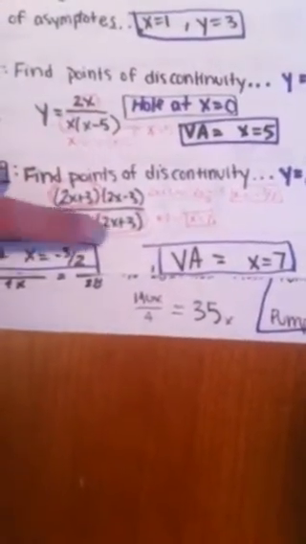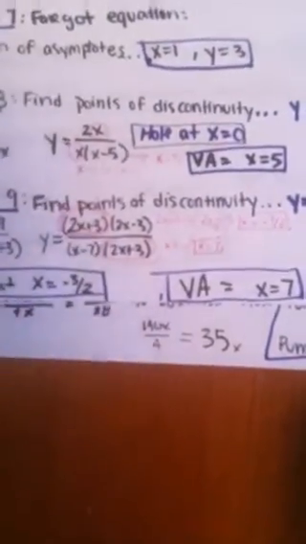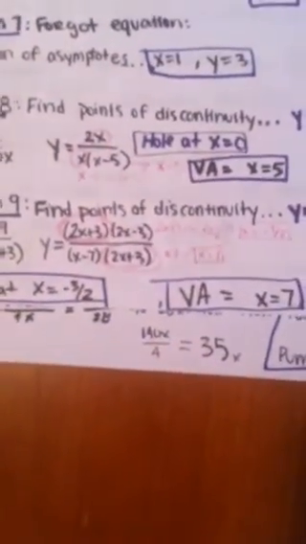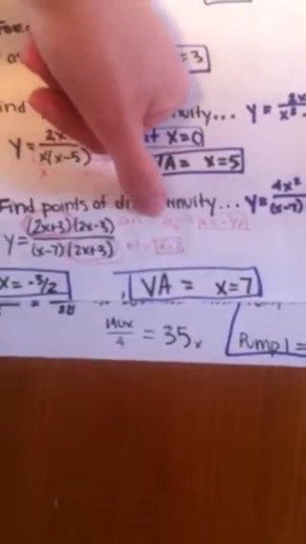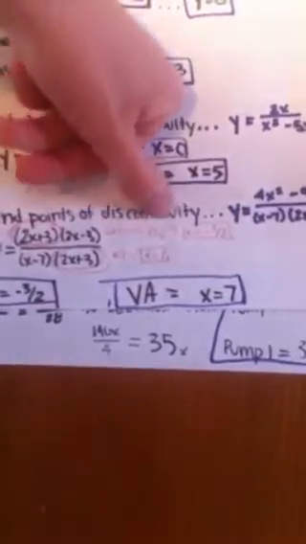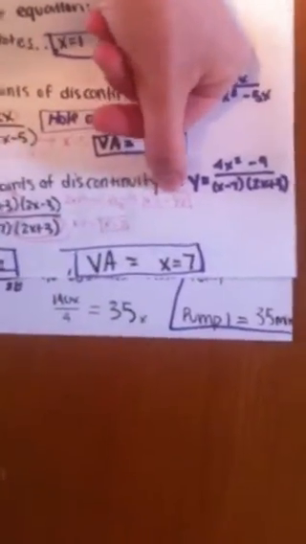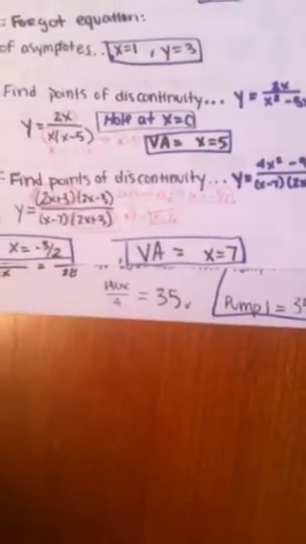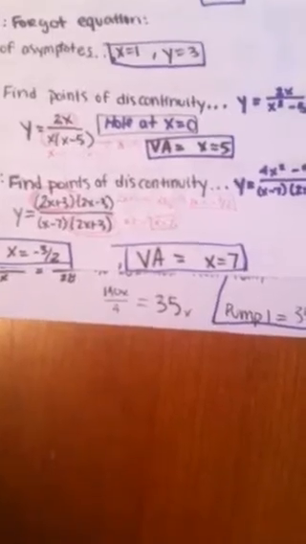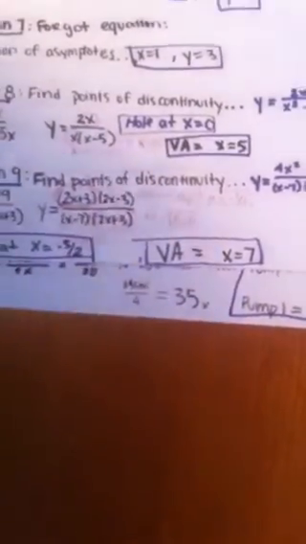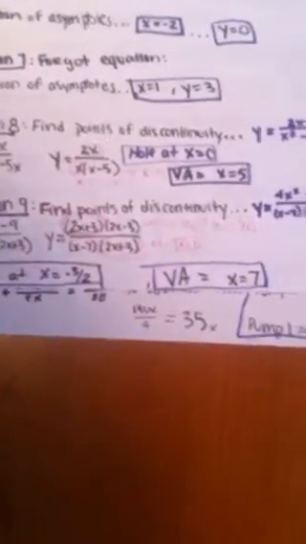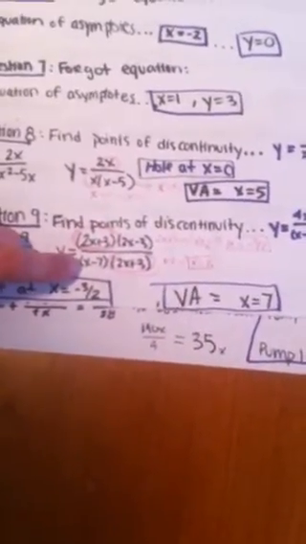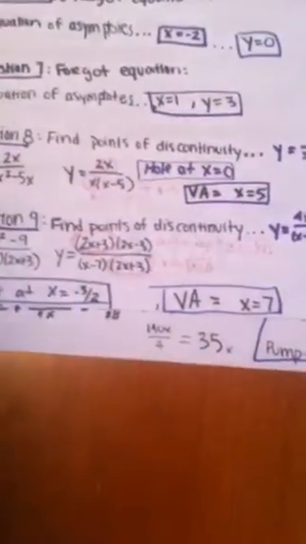So 2x plus 3 are like terms, and so you would set 2x plus 3 equal to 0, and then you have x is equal to -3/2, which would be a hole because it's the same on the top and bottom. So that's your hole. And then for the vertical asymptote, you would take x minus 7 and set it equal to 0 to get x is equal to 7. So that's your hole and vertical asymptote.